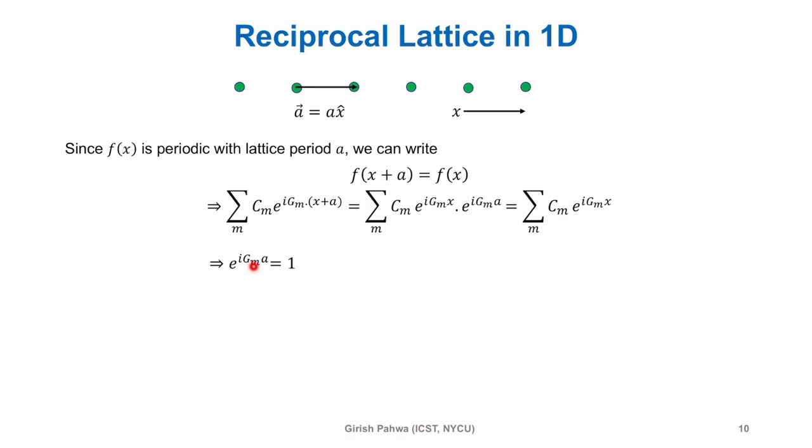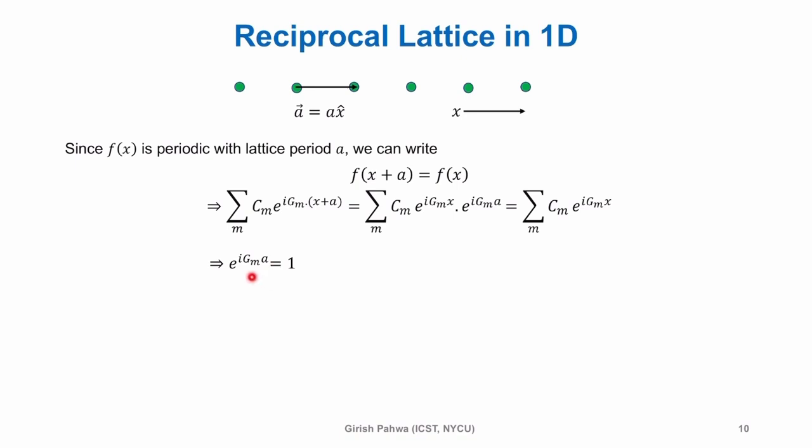Cos 4 pi plus iota sine 4 pi. Sine 4 pi is 0, cos 4 pi is 1. So any integral multiple of 2 pi, I can do minus also, minus 2 pi, minus 4 pi. E to the power iota, any integral multiple of 2 pi is always going to give me equal to 1.